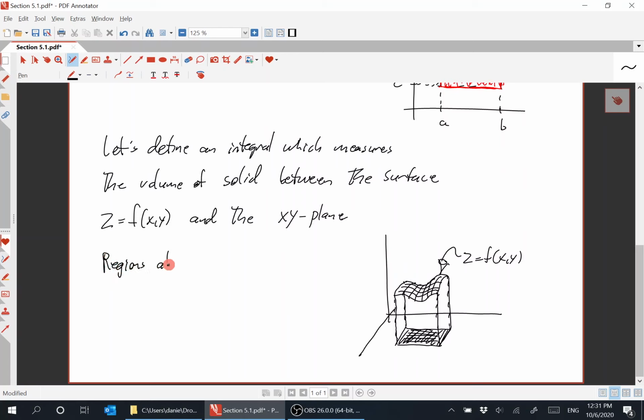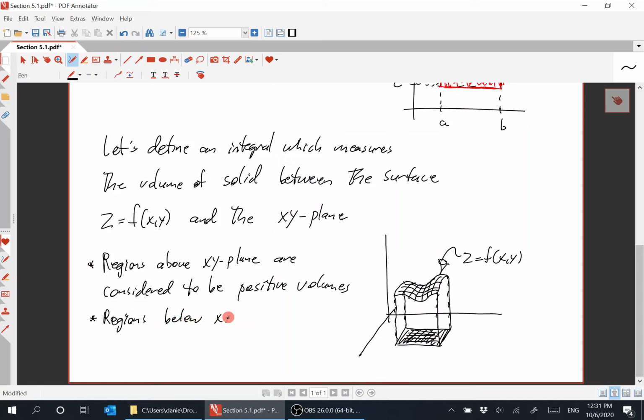Normally we just draw stuff within the first octant here.